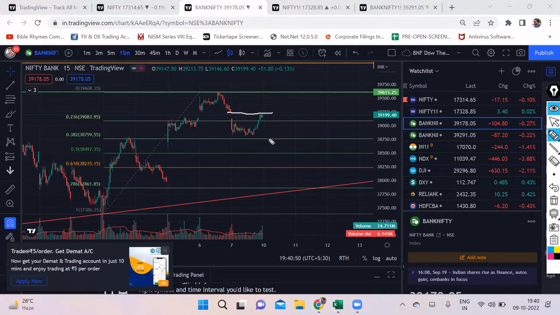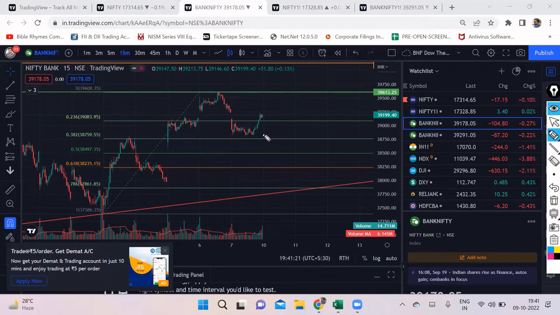Tomorrow Bank Nifty may open somewhere between 38,500 to 38,750, because the closing is somewhere close to 39,200. A 240 points gap down in Nifty translates to around 500 to 600 points gap down in Bank Nifty. So it should open somewhere here. Keep this in mind.